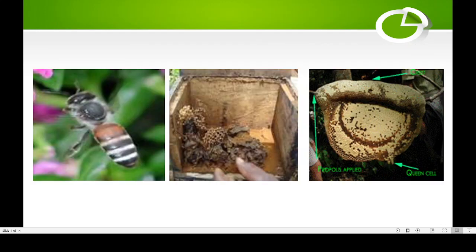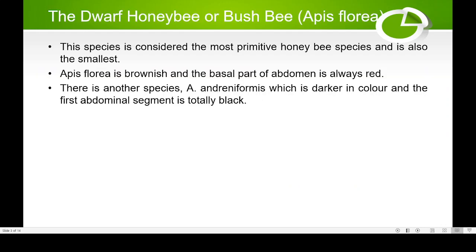So this is the basal part. It is most of the time reddish in color, and three white bands are there on a black background. So by simply looking at these white bands, you can very easily identify whether this is Apis florea, the little honeybee. Another name is the bush bee, also known as the dwarf honeybee.